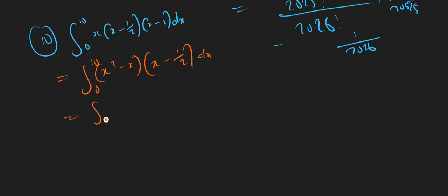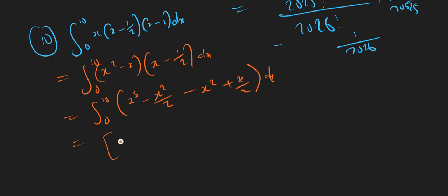So you're going to get, from 0 to 10, first of all, x to the third minus x squared over 2 minus x to the second power plus x over 2. Okay, so this will be x to the 4 over 4 minus x to the third over 6 minus x to the third over 3 plus x to the second over 4. Yes, there is that.